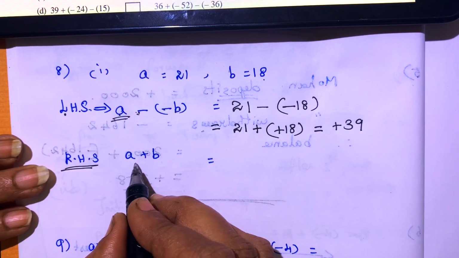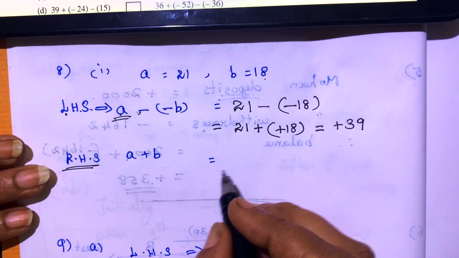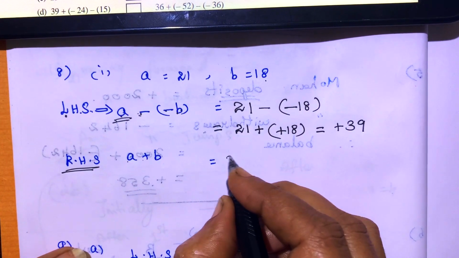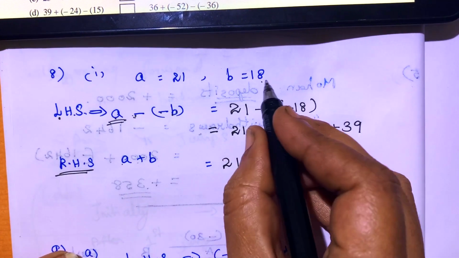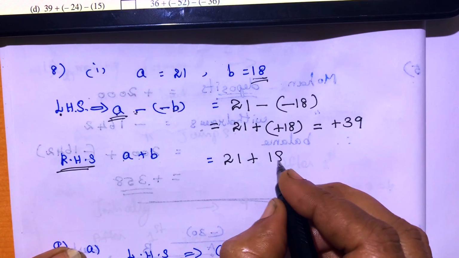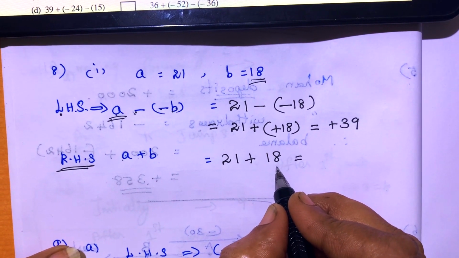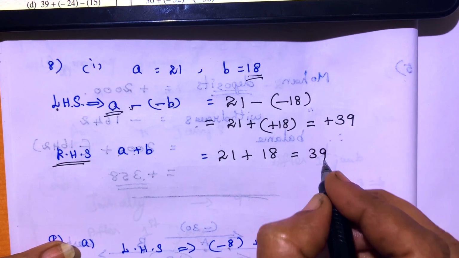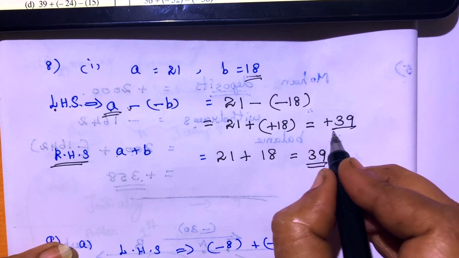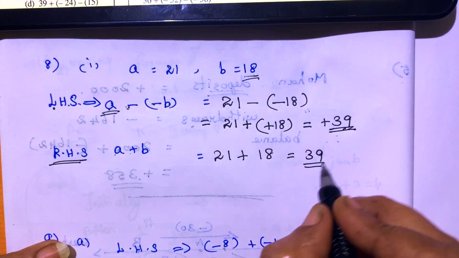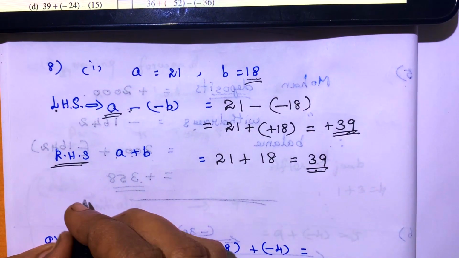Right hand side is given as A plus B. So A value is 21 plus B value is 18 is equal to 21 plus 18 is 39. So here we are getting left hand side is 39 and right hand side is 39.